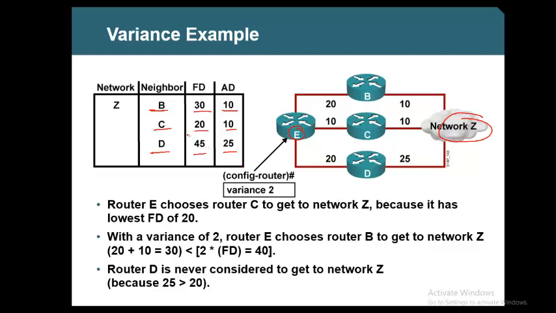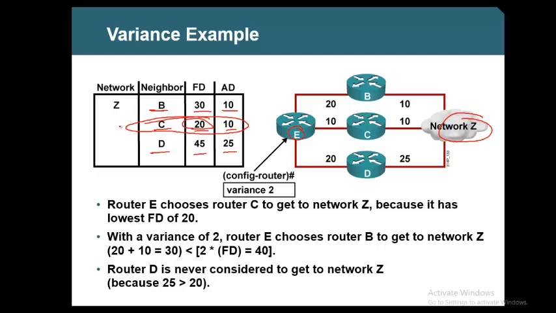So which one will be the successor? C will be the successor because it has the lowest FD. Will there be any feasible successor?